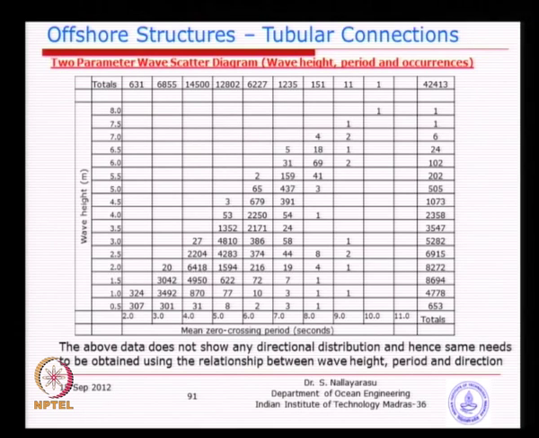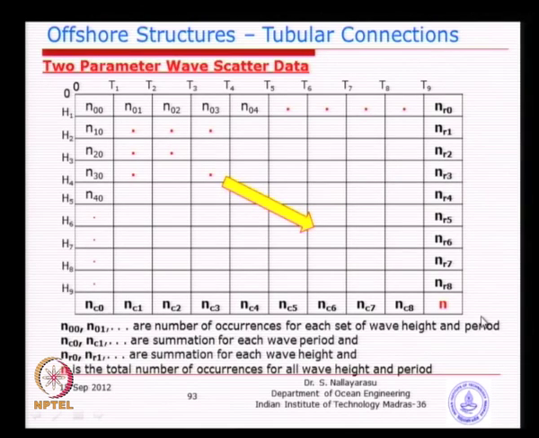You can go back to your wave theory. Some of the combinations of wave periods and wave heights cannot exist because either they cannot be generated or they cannot be propagated to the site because the wave might have already broken. So, wherever the data is not available, that means they do not exist, you cannot go and assign a number. Basically this is a generic table that you would like to generate.